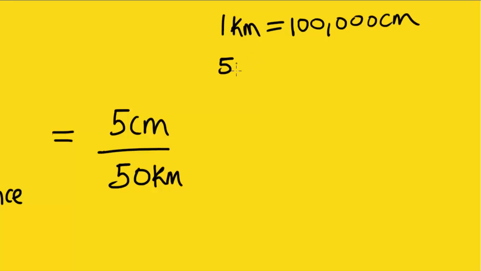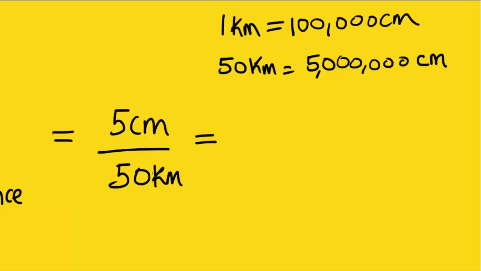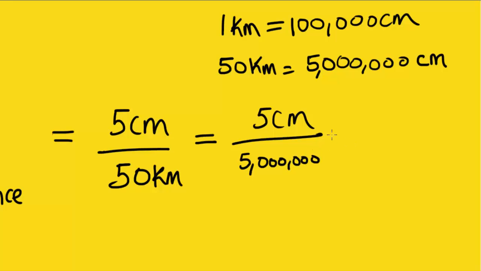Therefore, 50 kilometers is 50 times this, which gives 5 million centimeters. Therefore, I can rewrite this ratio of the scaled distance to the actual distance as 5 centimeters divided by 5 million centimeters.